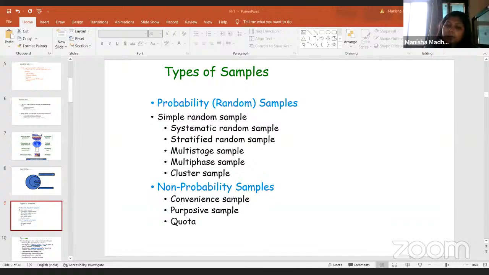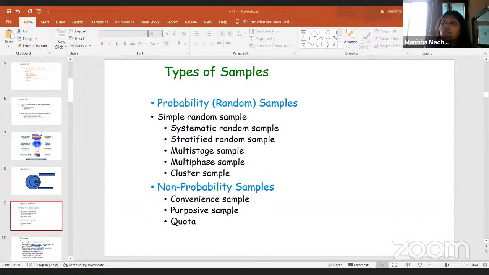I'll just ask my friends who stay nearby, or I'll just ask my colleagues who stay nearby, because these people are accessible to me. Okay, so those people are selected who are accessible to the researcher. This study is conducted on all those persons who are most conveniently available. It is also known as accidental or haphazard sampling, because it is based upon one's convenience, based upon the researcher's convenience.